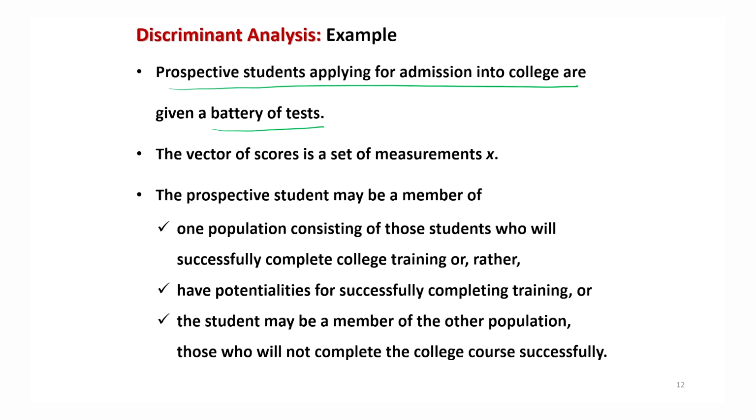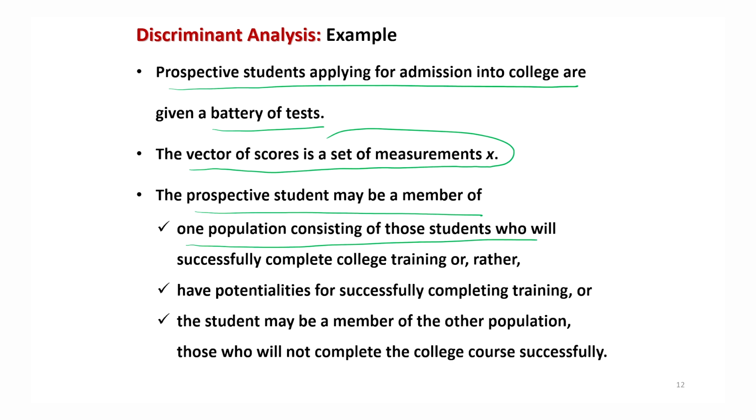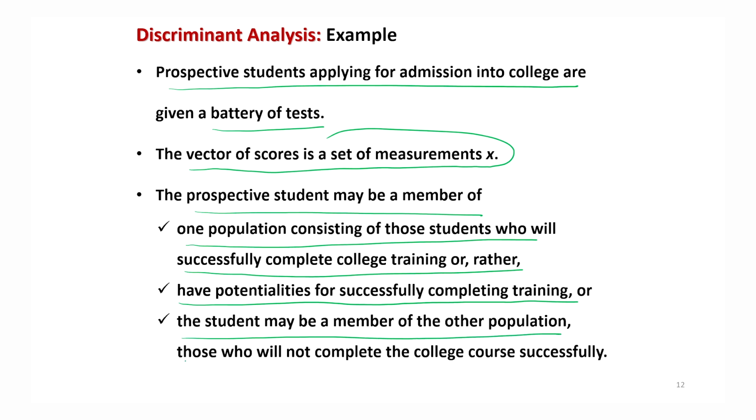So finally what will happen is that we will get a vector of scores, which are a set of measurements, say x. And now those prospective students may be a member of one population, consisting of those students who will successfully complete college training or have potential for successfully completing the training program, or the student may be a member of the other population, those who will not complete the college course successfully.